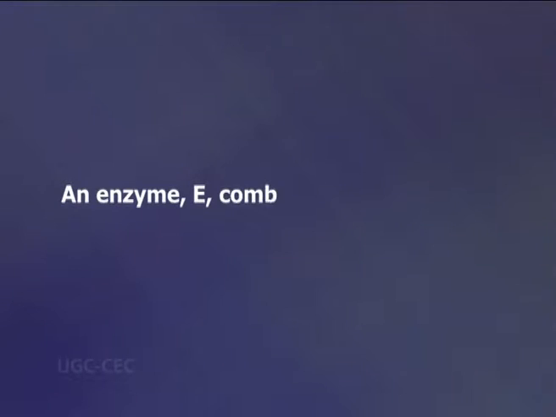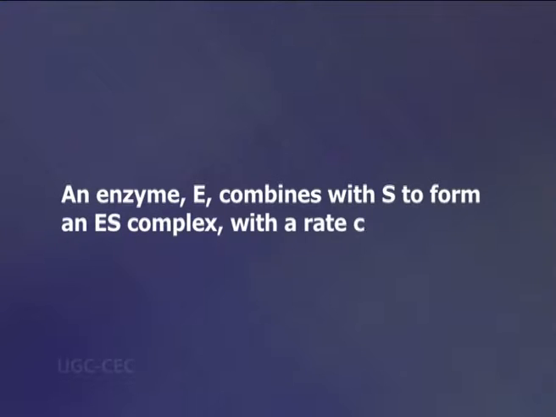The model proposed, which is the simplest one that accounts for the kinetic properties of many enzymes, is: an enzyme, E, combines with S to form an ES complex with a rate constant k1. The ES complex has two possible fates. It can dissociate to E and S with a rate constant k2, or it can proceed to form product P with a rate constant k3.